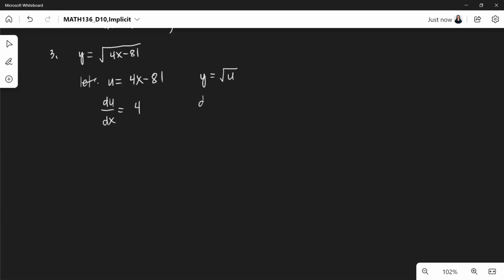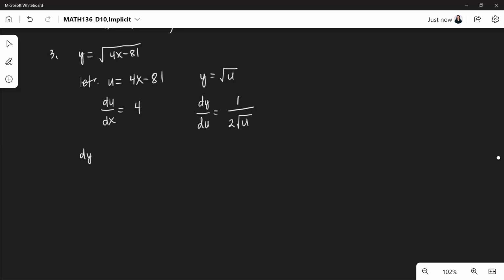So for dy over du, we use a special case of the power rule where the exponent is 1/2. So it's going to be the derivative of u, meaning 1 over 2 times the square root of u.